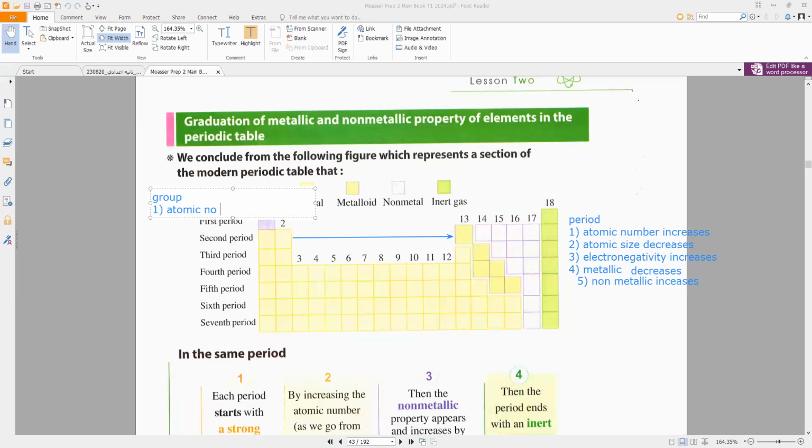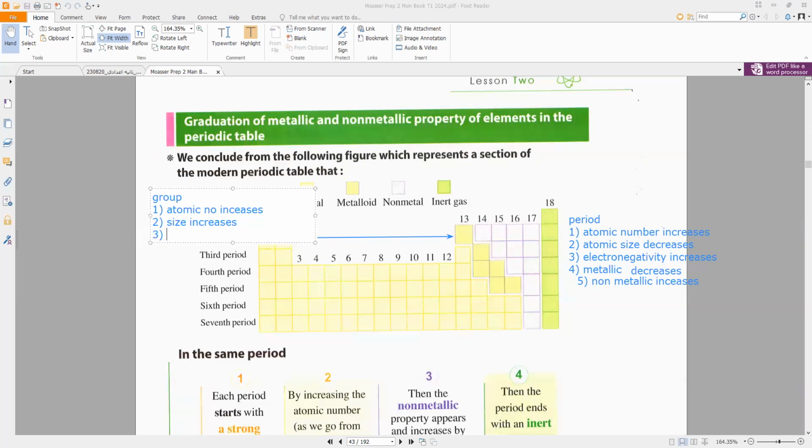The atomic number increases in each case. What happens to the size? It is opposite to the period, so it increases. The atomic size as we move from up to down increases.